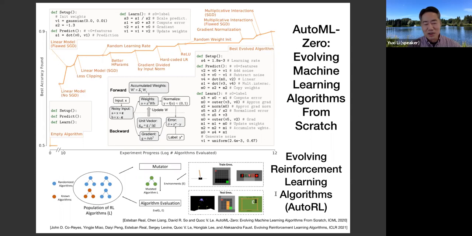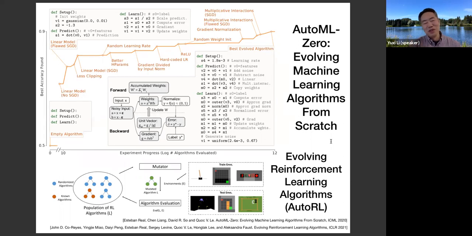They use machine learning to find machine learning or reinforcement learning algorithms. That's very amazing, right? We can even find optimal algorithms using this kind of technique.